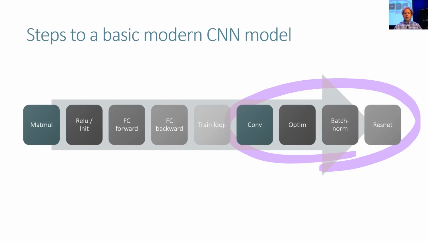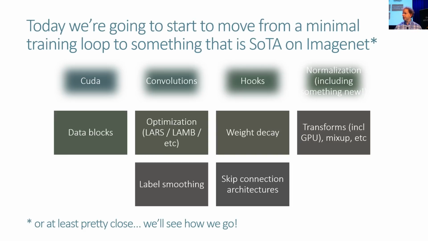This is kind of where we're up to: the last little bit of our CNN. Specifically, these were the things we were going to dive into, and we've done the first 4 of these: CUDA, convolutions, hooks, normalization.